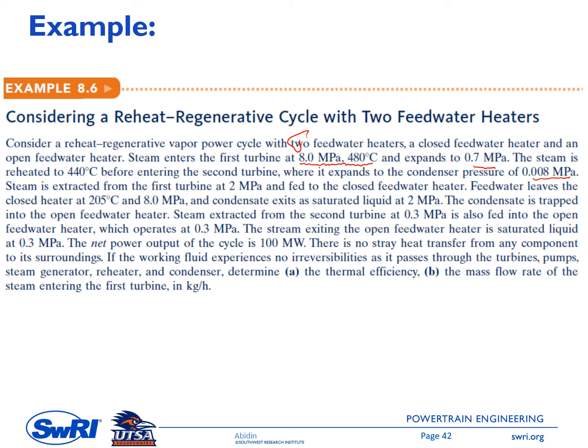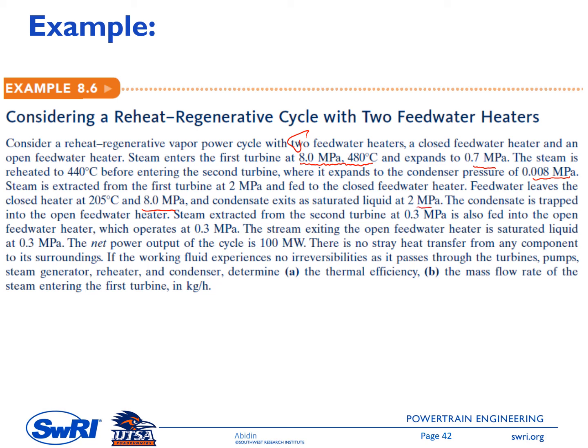Steam is extracted from the first turbine at 2 megapascal, as new here, and fed to the closed feed water heater. Feed water leaves the closed heater at 205 degrees C and 8 megapascal, and condensate exits as a saturated liquid at 2 megapascal.